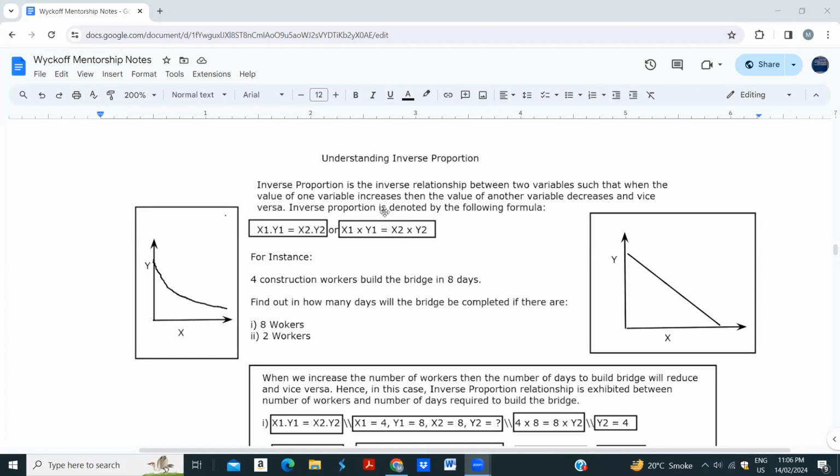Okay, inverse proportion is denoted by the formula, as I've told you, x1 into y1 equals x2 into y2. Okay, or you can also write it like this. So for instance, 4 construction workers build the bridge in 8 days. Find out in how many days the bridge will be built if there are 8 workers. Okay, so I can just show you right now.